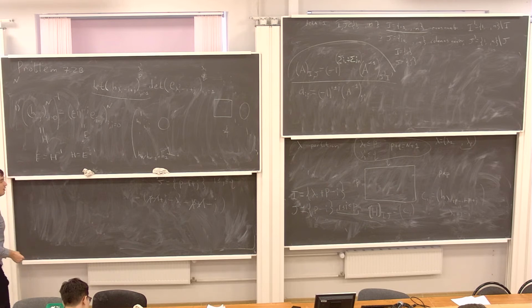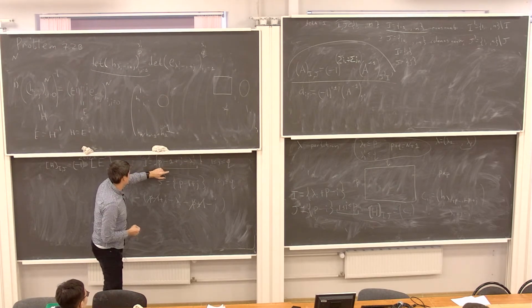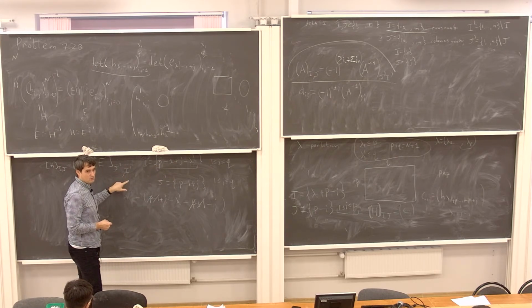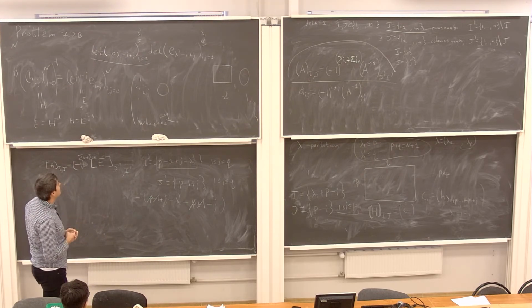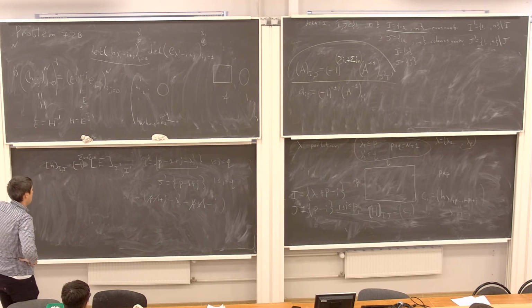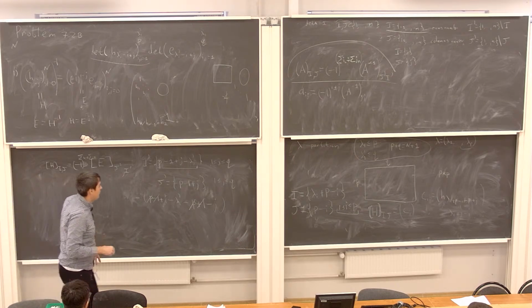Because we subtract from this, but you should switch columns and rows. The last thing, so we're almost done, is only the question about the sign, right? About the sign.